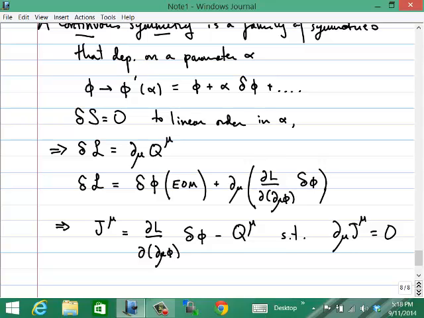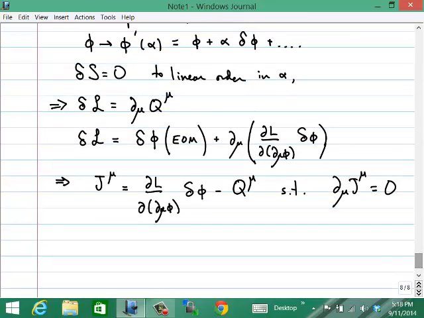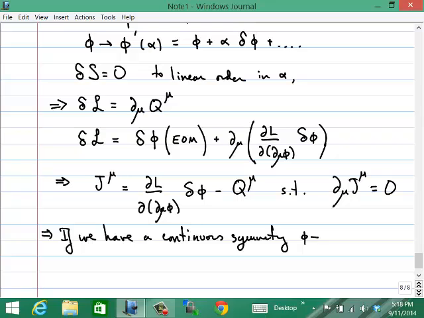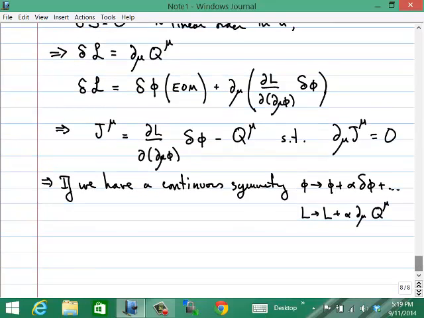So what do we conclude here? What we conclude is that if we have a continuous symmetry, under which phi goes to phi plus alpha delta phi plus higher order in alpha, then by the definition of a symmetry, that means that L goes to L plus alpha times d mu q mu for some vector q mu.